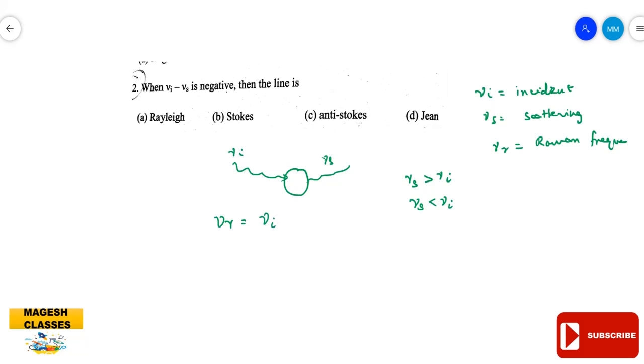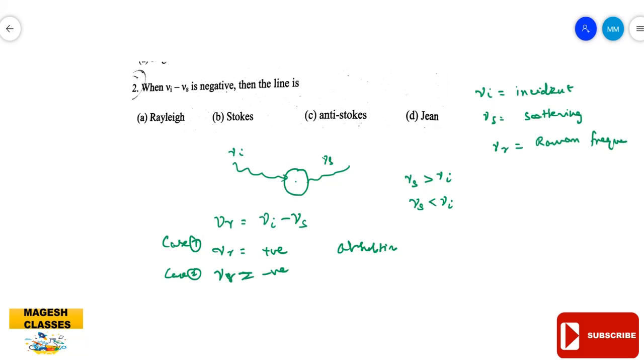It is nu I, incident, minus nu S. In case of absorption, if the substance in question absorbs some amount of energy, the emitted frequency, nu S, is less. So nu I is greater and nu S is lesser, and so nu R is positive. Here the absorption of the radiation takes place. Okay. In case 2, nu R is negative.